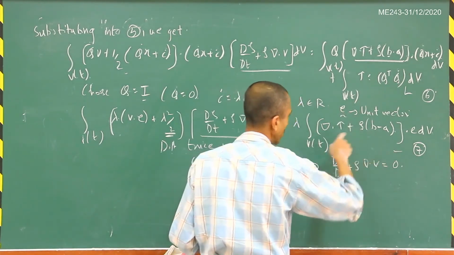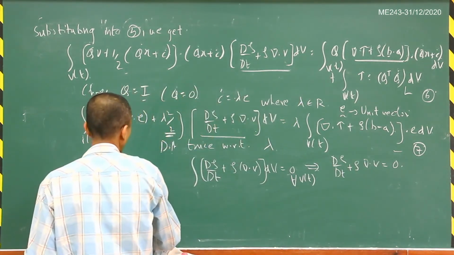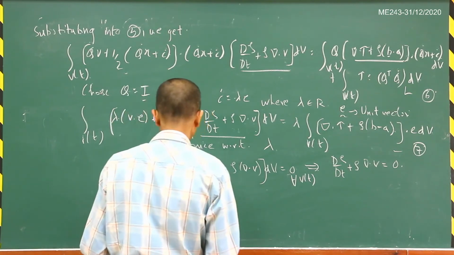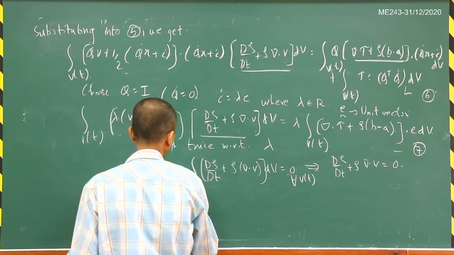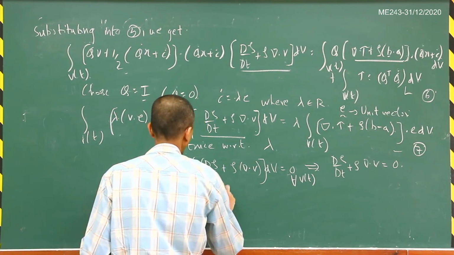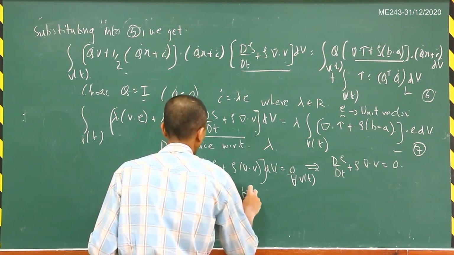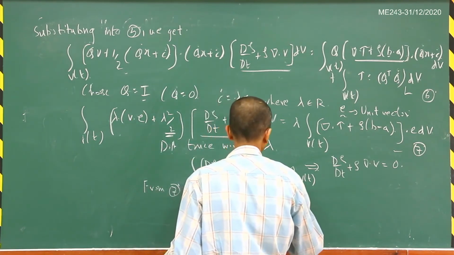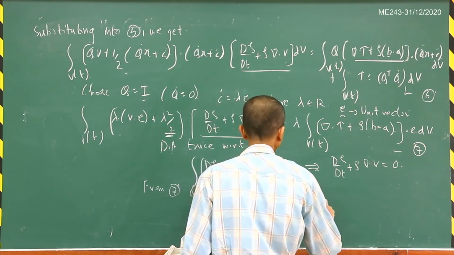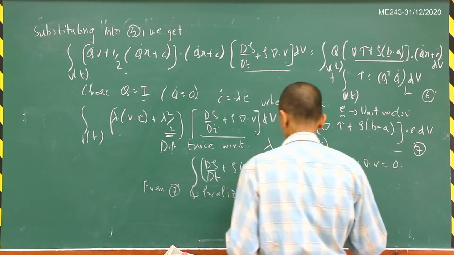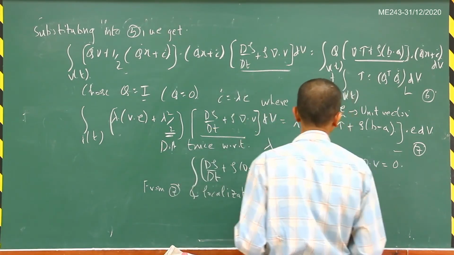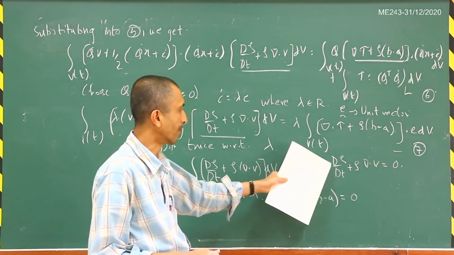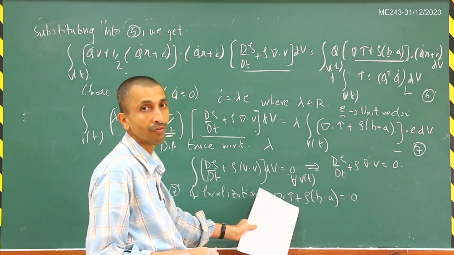Again use localization, and from 7 you get del dot tau plus rho times b minus a is equal to 0. So as you can see, we have recovered the balance of mass and the balance of linear momentum.